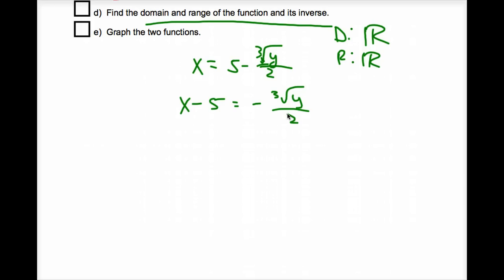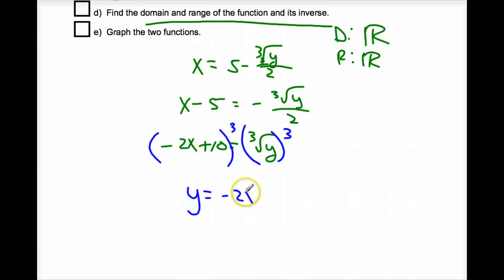Got to get rid of this negative and the 2. You can do it one at a time, or you can multiply everything by negative 2. That gives me negative 2x plus 10, and that gives me third root y. I get rid of the negative and the 2 in one shot. And then finally, we would go ahead and raise both sides to the third power. So you get y equals negative 2x plus 10, quantity to the third.